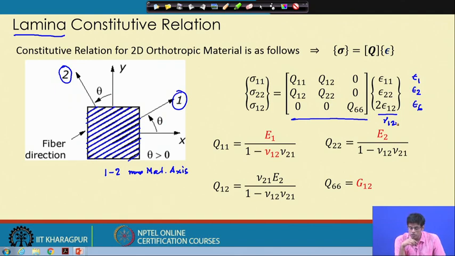From the previous to last class, we know how these engineering constants and these mathematical constants are related. Here I have denoted them in terms of Q, because this Q comes from the plane stress constitutive equation. This is a body under plane stress, which we will learn in the next classes, along with plane strain condition.